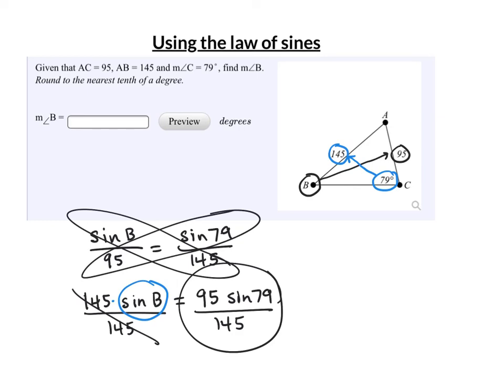And I discover that the sine of angle B is this decimal, 0.64313505, and it goes on and on. And what I need to do is take the inverse sine of that decimal, and that will give me the measure of angle B.